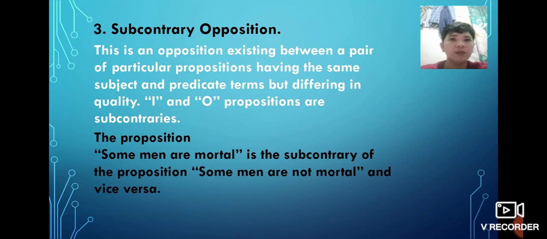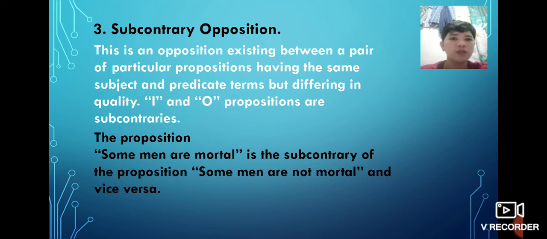Third, subcontrary opposition. This is an opposition existing between a pair of particular propositions having the same subject and predicate terms, but differing in quality. I and O propositions are subcontraries.